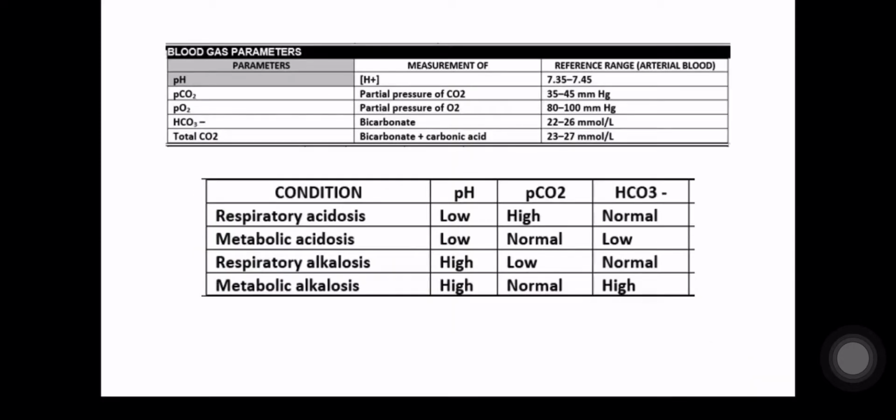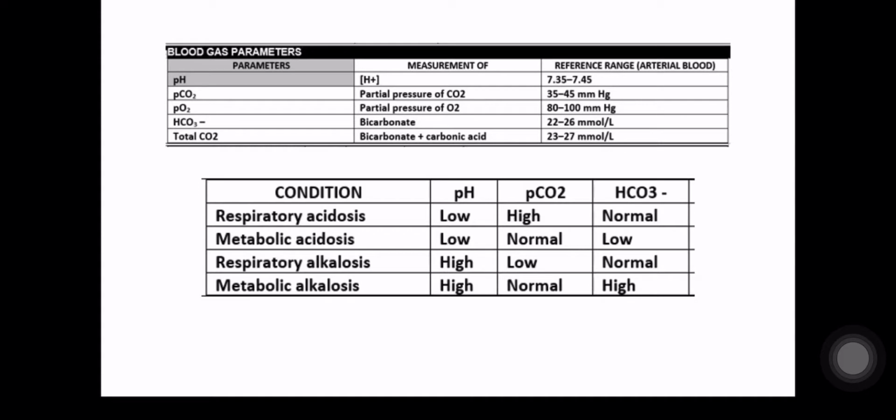Now, before we go to number 88, let's look at the normal values of the blood gas parameters po. pH, okay, measures hydrogen ion concentration, remember. So the reference range po is around 7.35 to 7.45, or on average po, that's 7.40 po.